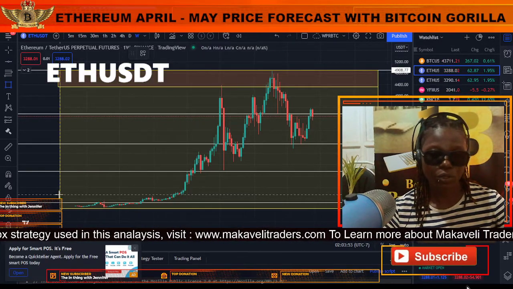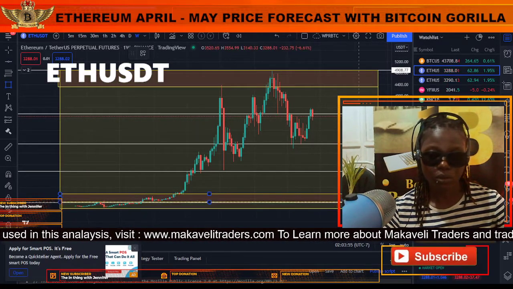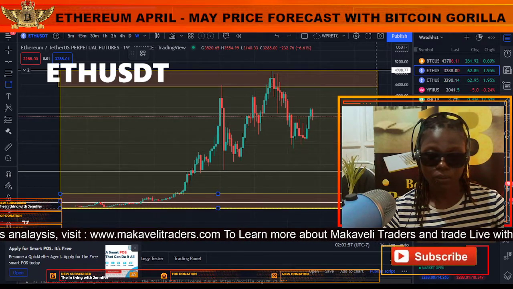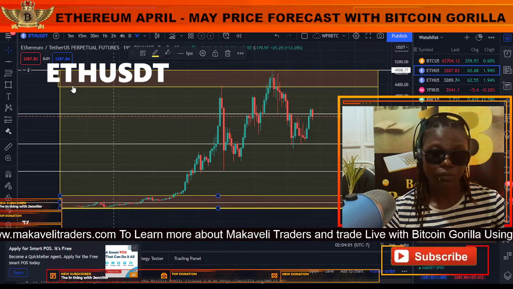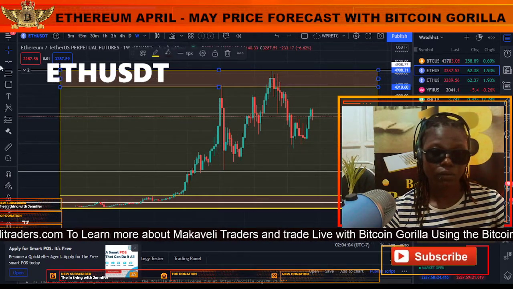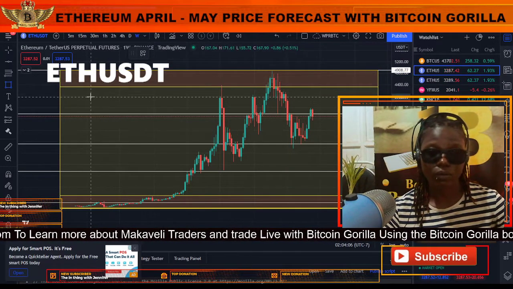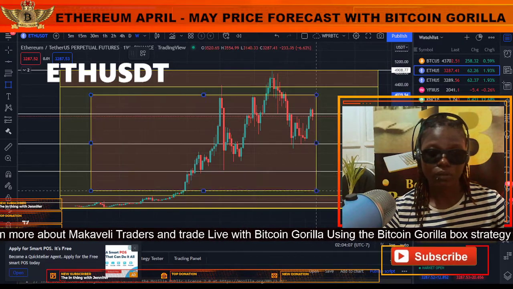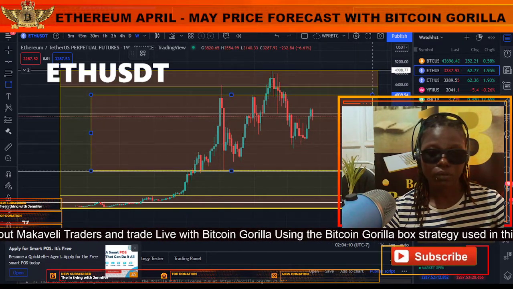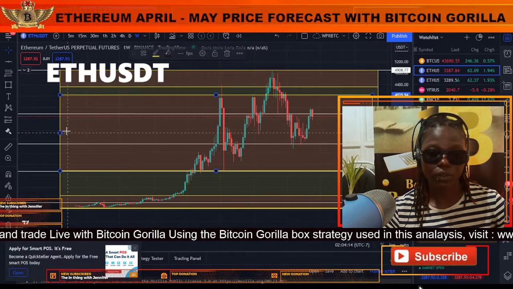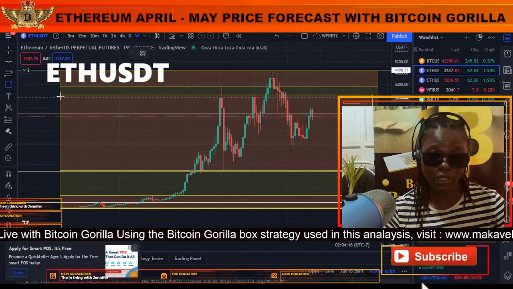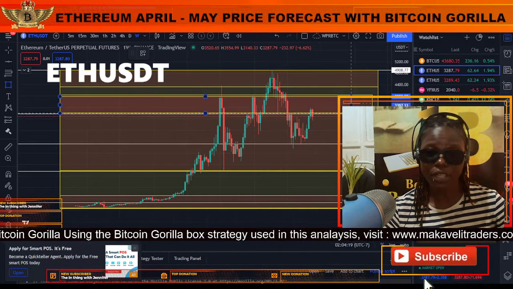I'm going to try to get a support. This box strategy, I built it just based on simple price action.